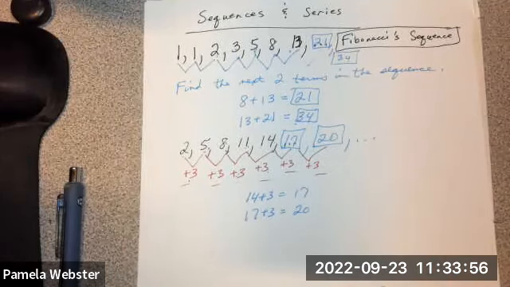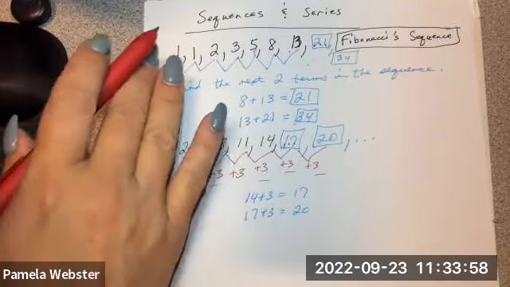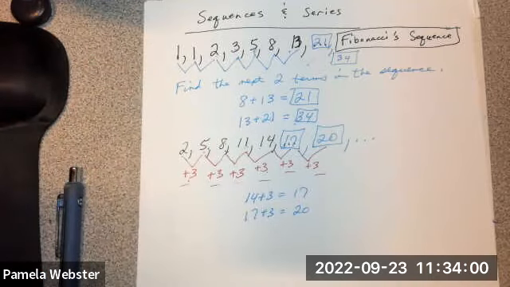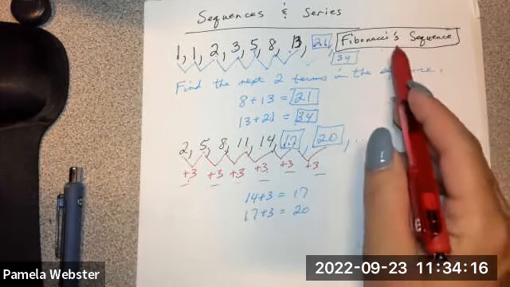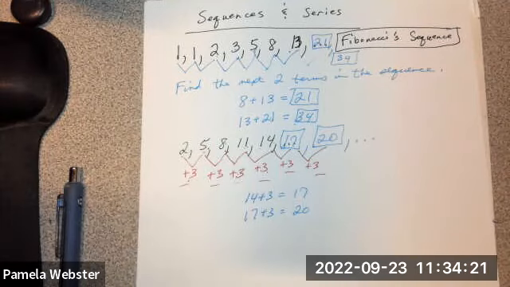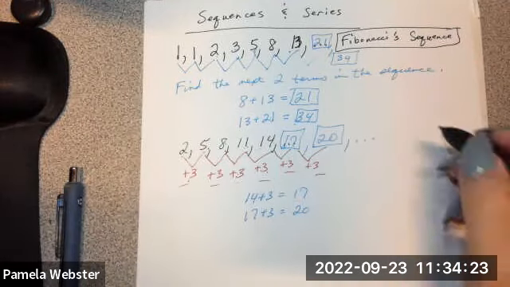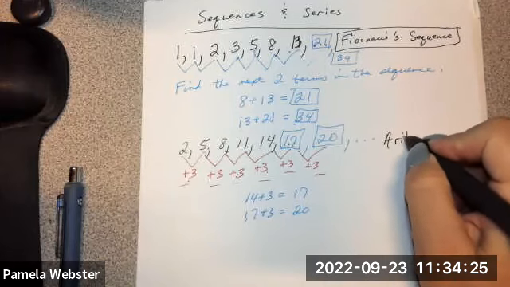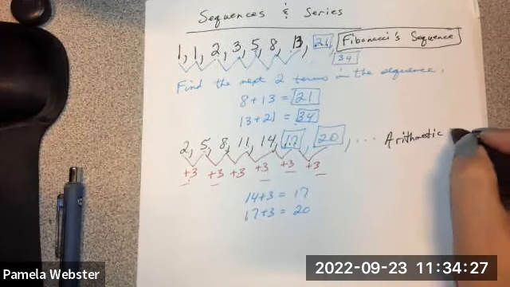The one at the very top, I said that one's a special guy. It's named after a guy named Fibonacci. You can look him up. It's actually kind of an interesting pattern, and he was looking at reproduction processes of rabbits. So that's its own special sequence. But these where we just add the same number over and over again, the pattern is add 3, are called arithmetic sequences.